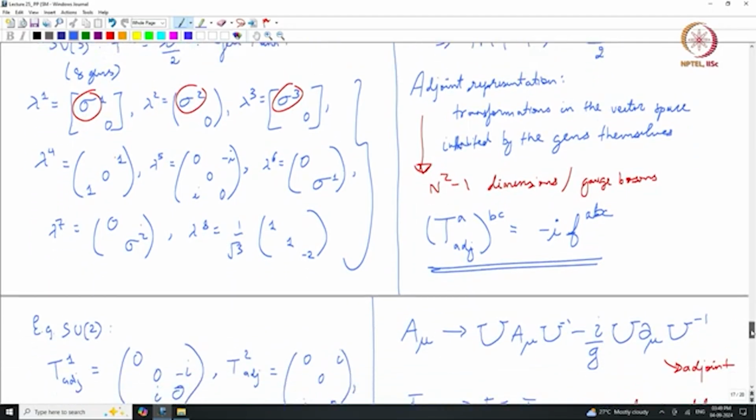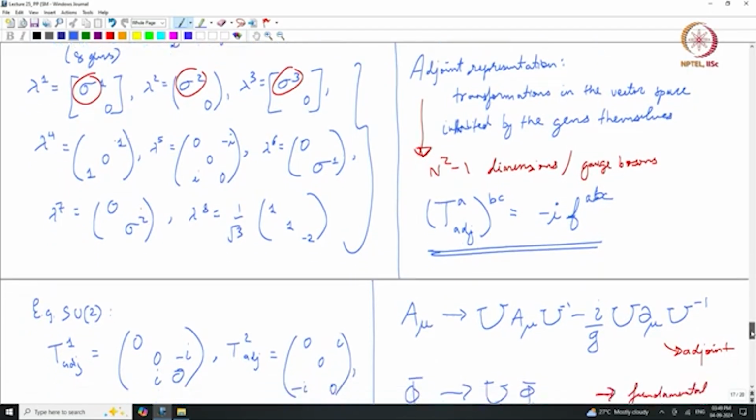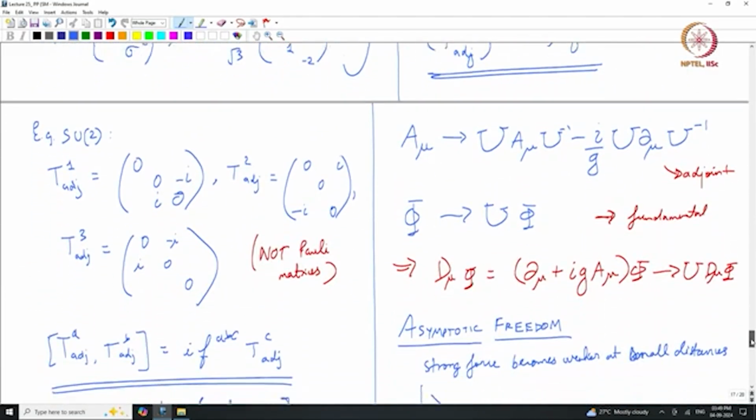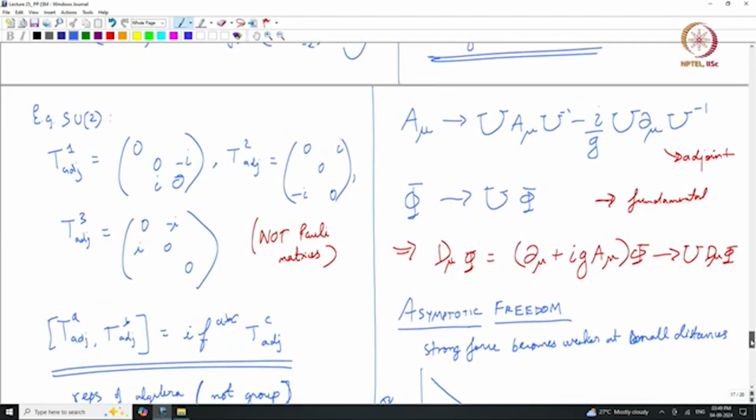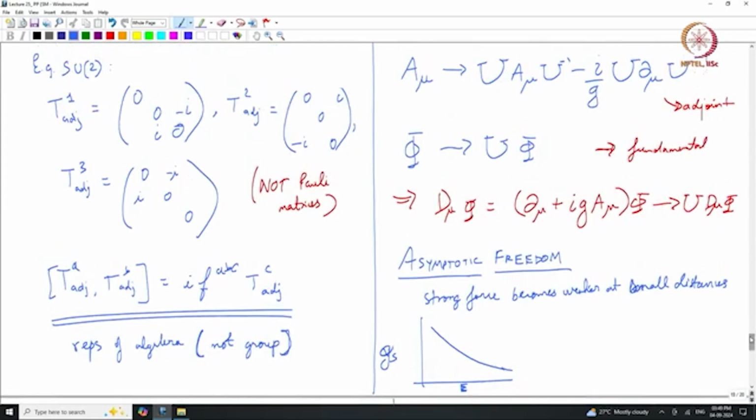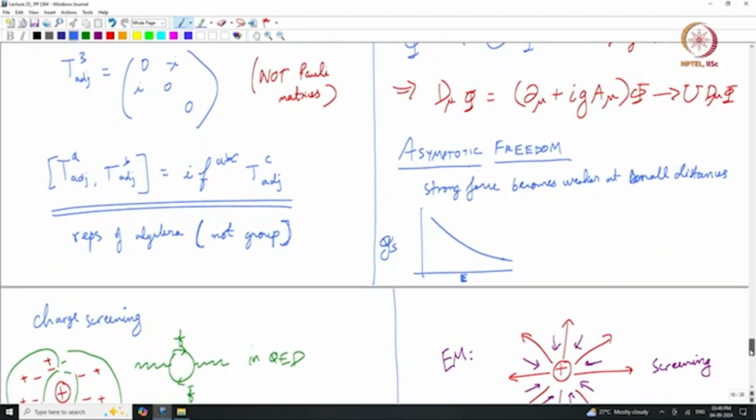This might look a little bit confusing. If it is, then don't worry about it. What we really need is how the gauge field itself transforms. In the adjoint representation, this is how you want the group elements to transform the gauge fields, and it is this interplay between the adjoint transformation and the fundamental transformation that gives rise to covariant derivatives and from there on to gauge invariant theories.